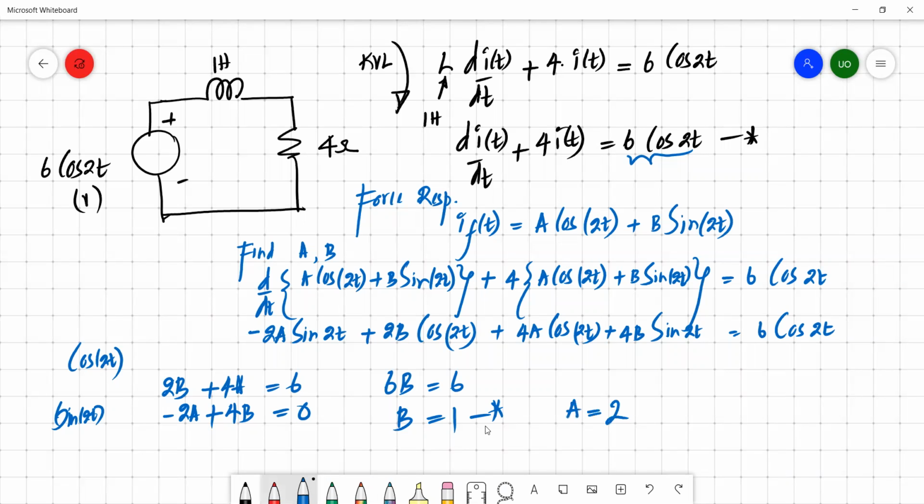So then your force response, i_F(t), would be 2 cos 2t plus sine 2t. Okay. So this is your force response.